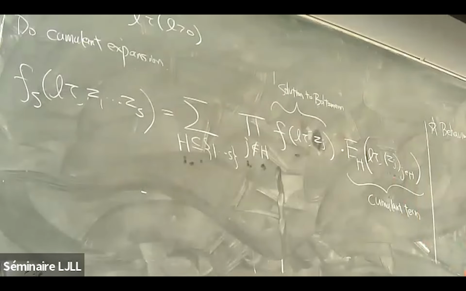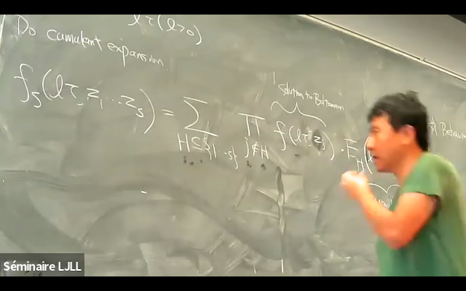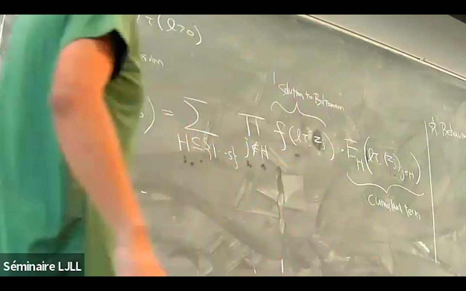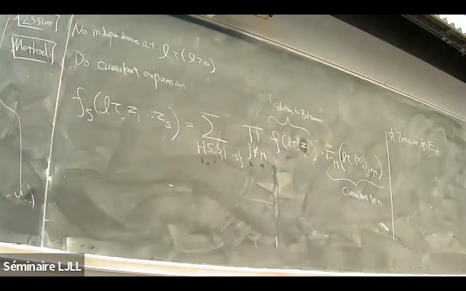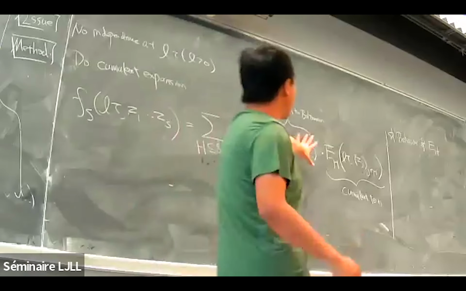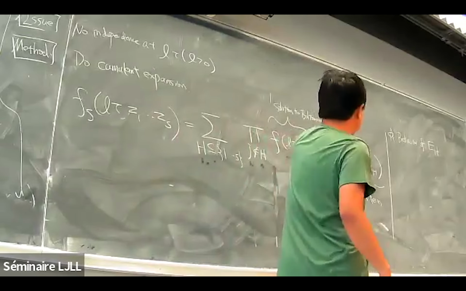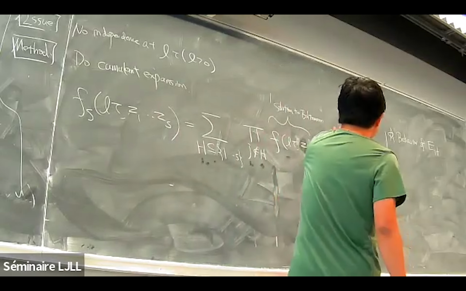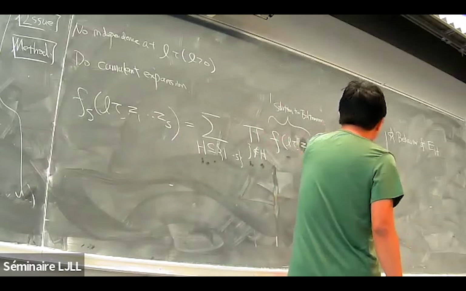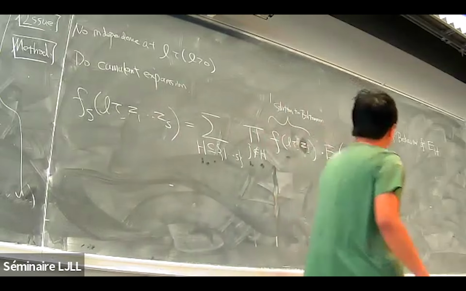First of all, at the leading term, we still think that the particles are independent, so this E_H should somehow be small. In some sense it should be small in order for our theorem to be true. Of course, we'll see that they are not small in L infinity, they are only small in L1.